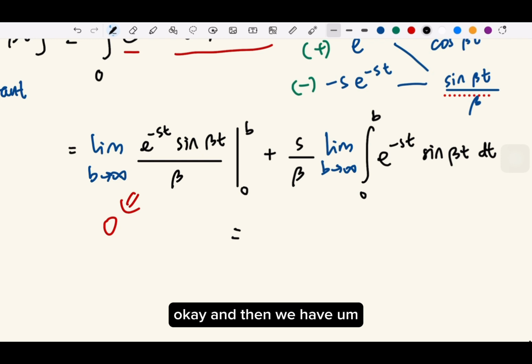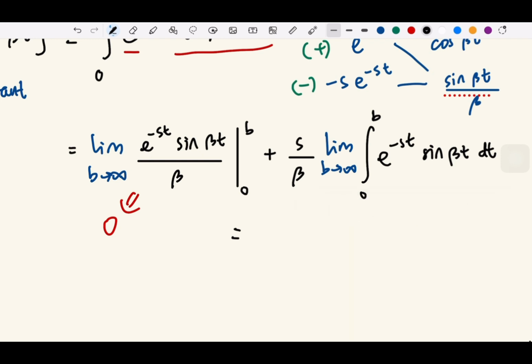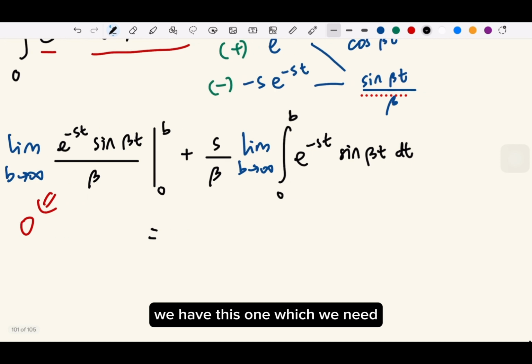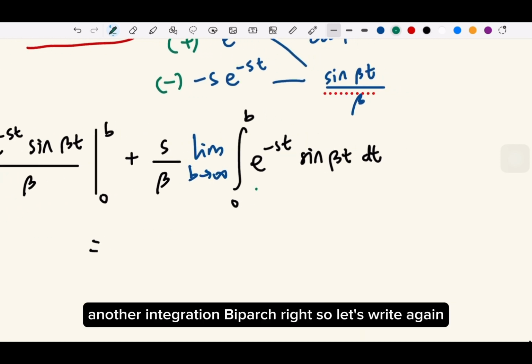Okay, and then we have this one, which needs another integration by parts, right?